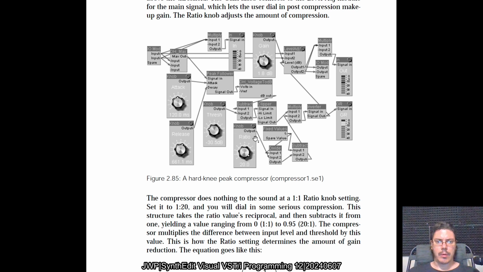A ratio knob goes into a divide on the bottom. Fixed values with the value 1 is into the top of the divide as well as the subtract. And divide goes into the bottom of the subtract, which goes into the same multiply that the clipper is in. So that's pretty much the main difference, besides there's now an attack knob plugged into the peak follower's attack.